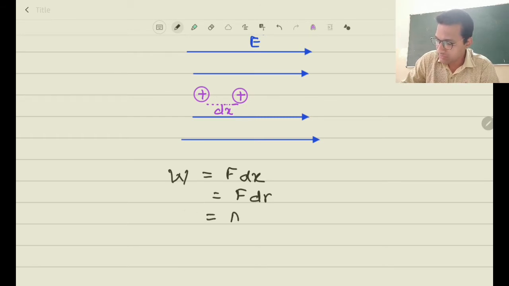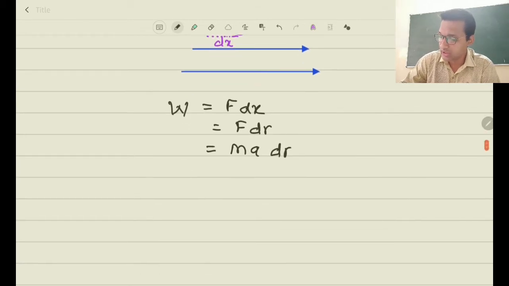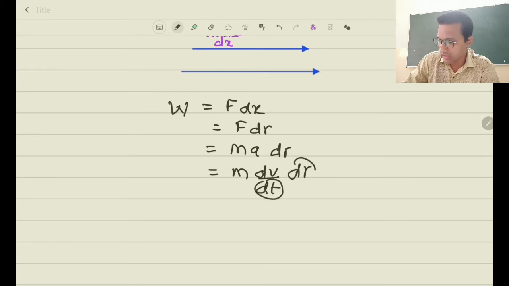F we know is mass into acceleration, into the displacement, and we know that acceleration is dv by dt, into dr. Now this dr by dt we can write as v, velocity, into dv.